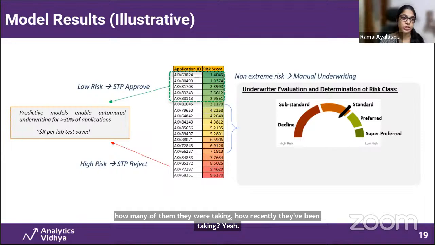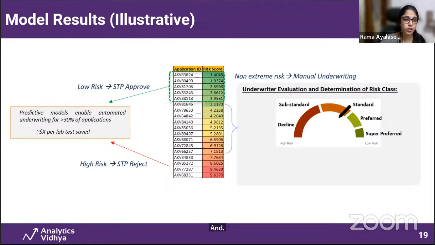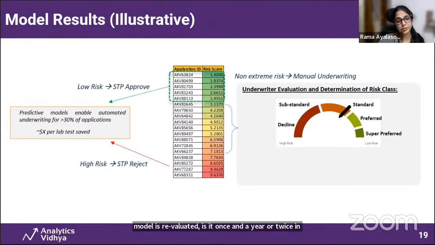Yeah, I'll take the next question. How frequently is the model reevaluated? Is it once a year or twice a year? That is subjective. There is a process called model monitoring in general, which looks at how the model is performing. You track the model's performance on, let's say, a weekly or monthly basis, and also look at another metric called data drift.